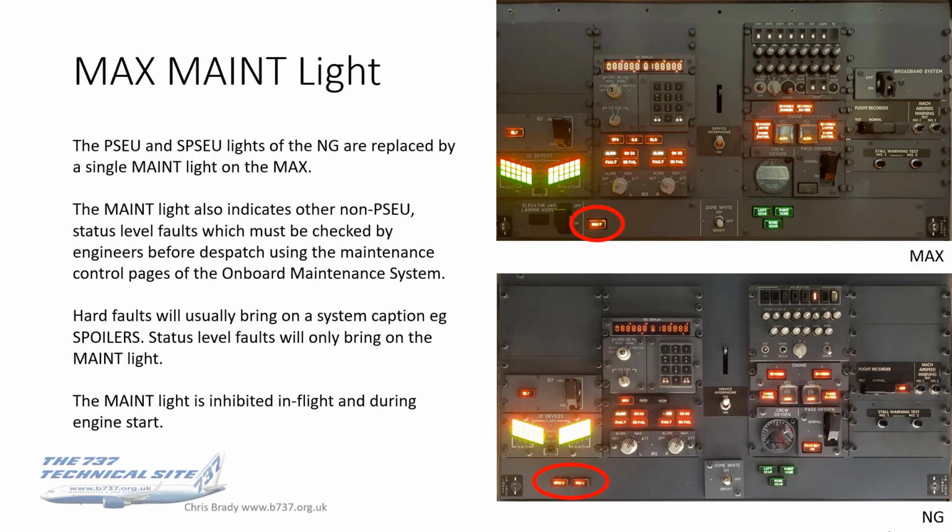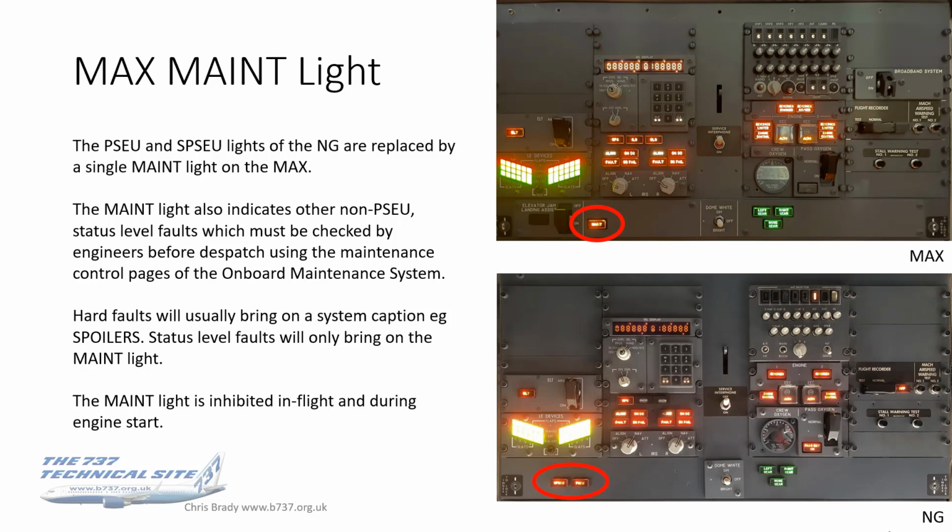I guess the best way of explaining this is the old single channel and dual channel faults. So, for instance, on the air conditioning panel, PACK would illuminate on recall only for a single channel failure, or it would illuminate on its own if there was a dual channel failure.